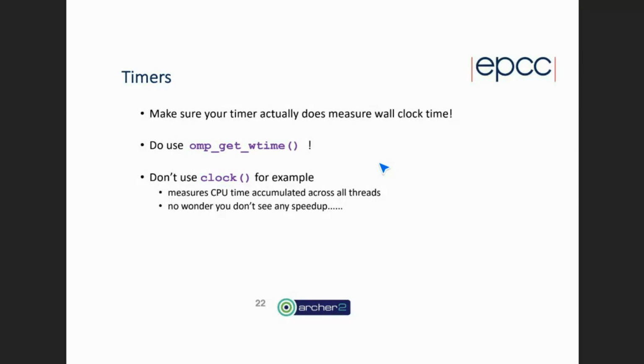So if you use that and then wonder why you're not seeing any speedup, well, you're not going to, because your accumulated CPU time is probably only ever going to increase with more threads. So just be careful, especially if you inherit other people's code that already has timing in it. Go and have a poke around in the code, see what timing routines they're using, and make sure that makes sense.